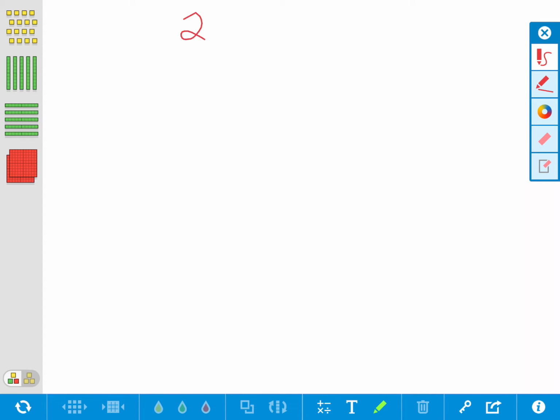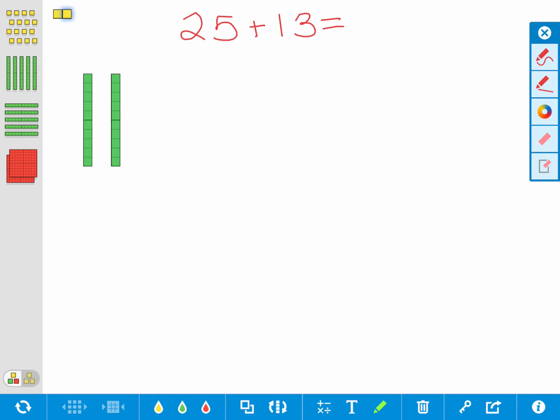So we'll do 25 plus 13. And the first thing I'm going to do is make those 2 numbers with my place value blocks. So first I'll make 25. And then I'll make the number 13.